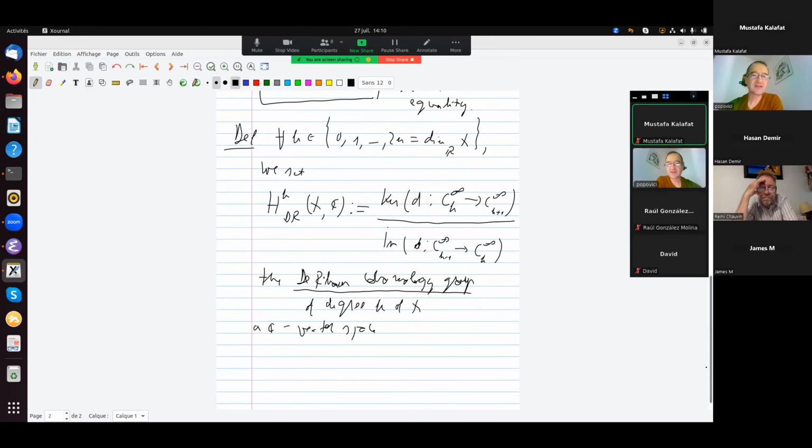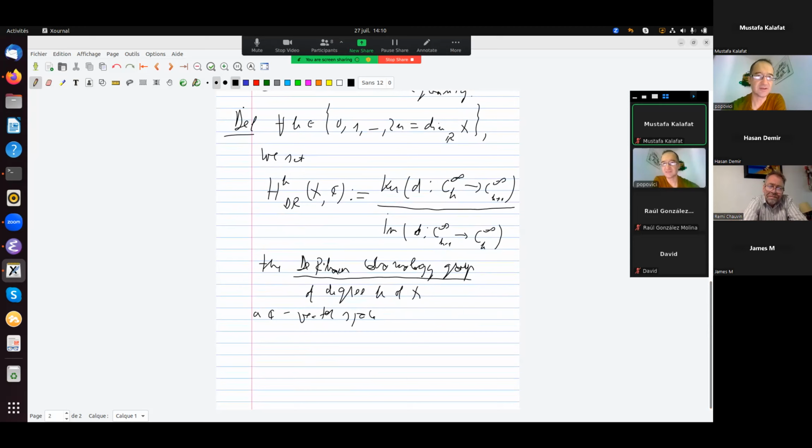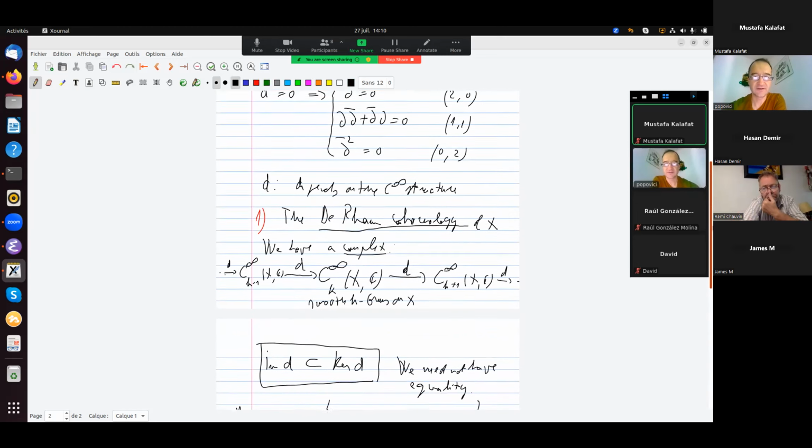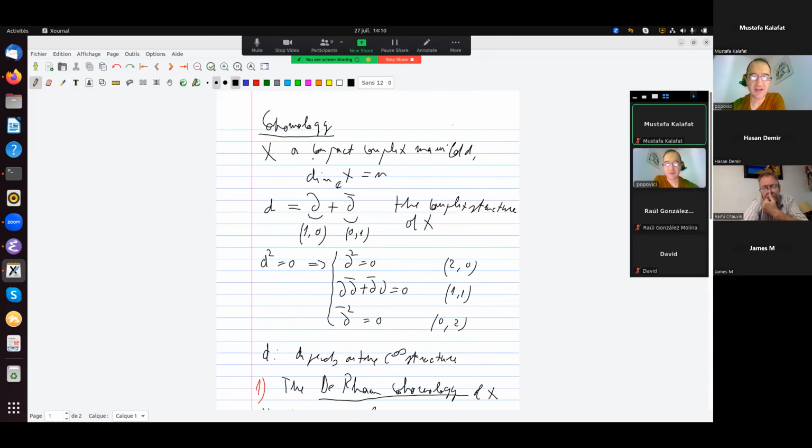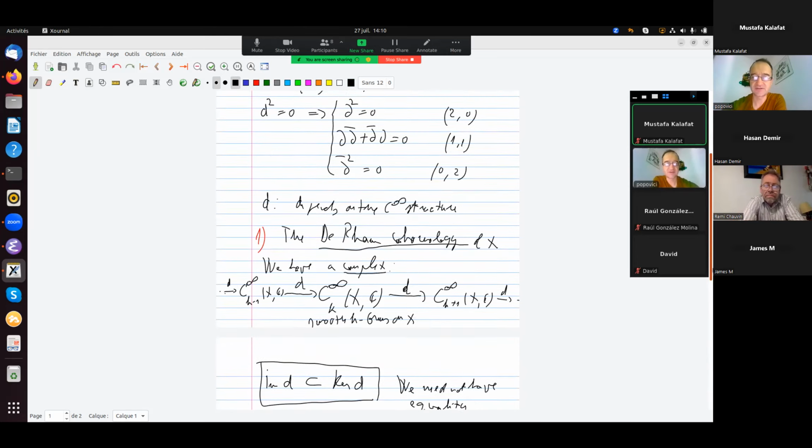And the miraculous thing, I don't think I'll have time to prove this, but it's a fundamental fact. So let me just state it. Maybe I can say a few words about the proof, but the proof would need time. The fundamental fact is that when X is compact, and we did assume this, but let me repeat it, because otherwise what I'm going to say is not true.